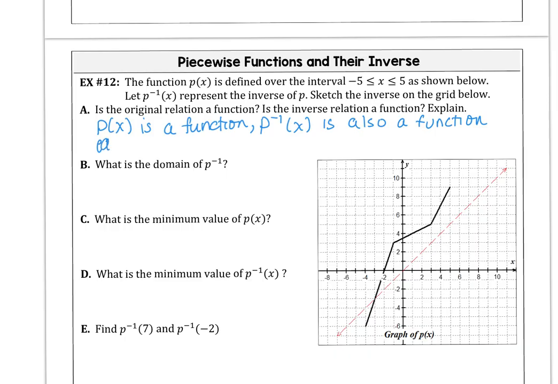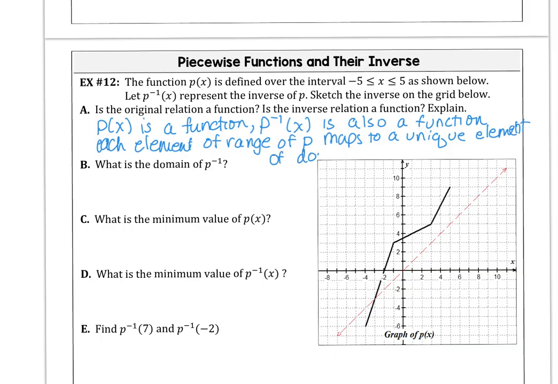So let's put that in words. Each element of the range of p maps to a unique element of the domain of p.